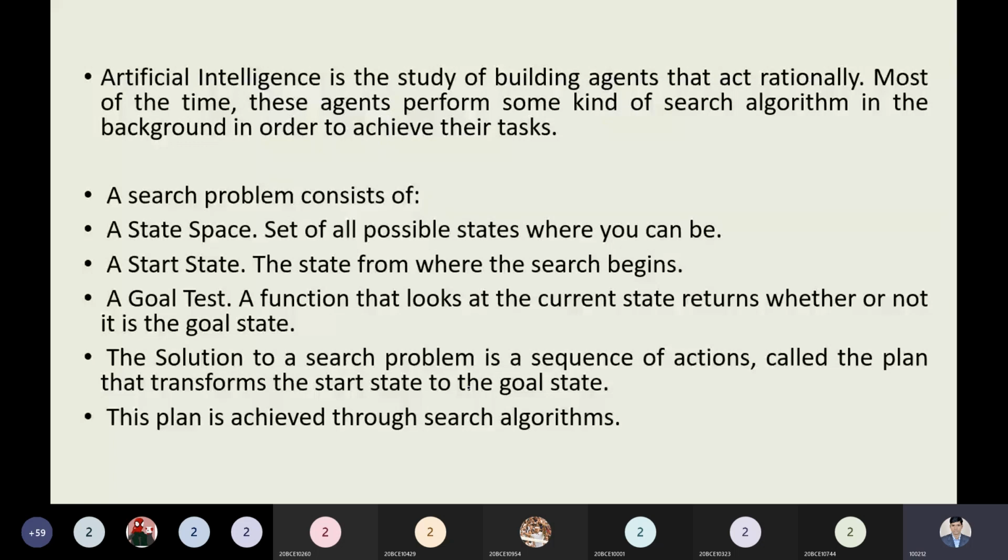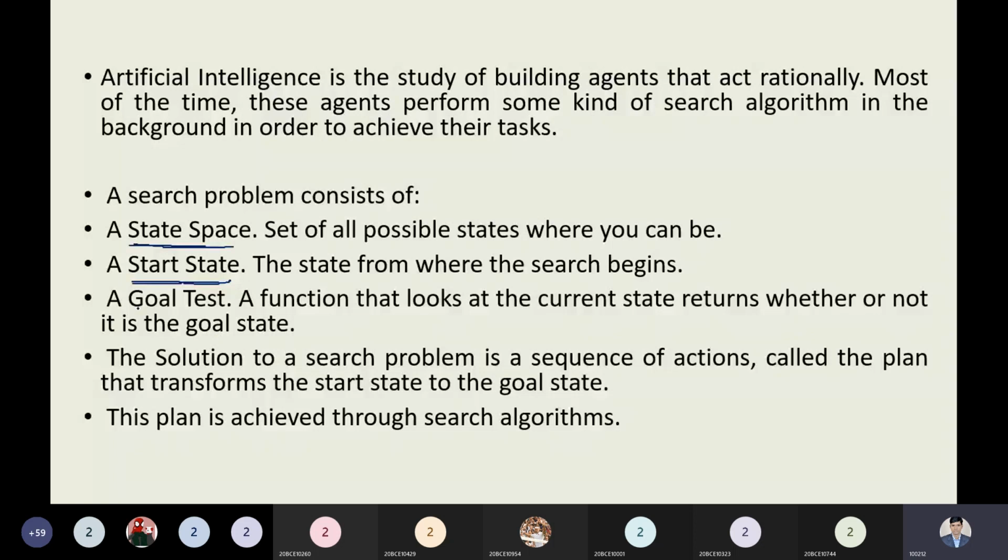So in the problem formulation, if you remember those words, we have seen the state space, the place where our problem can be spanned, and possible states or possible paths we can find. Start state is our initial state, the origin state, the point from where we have to start getting the solution.